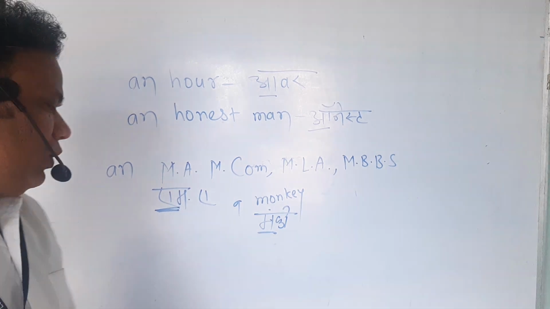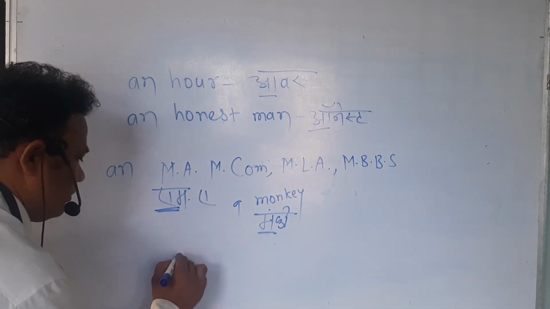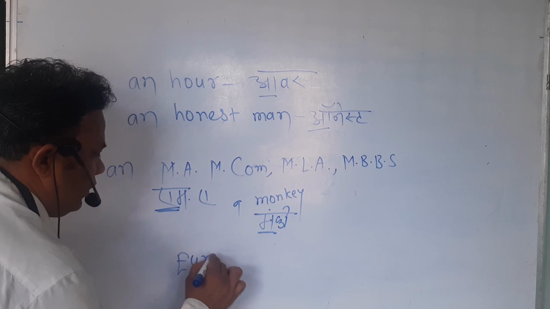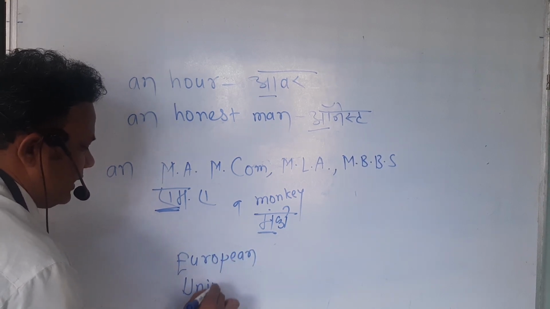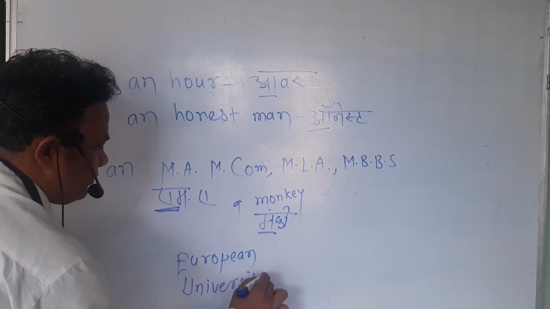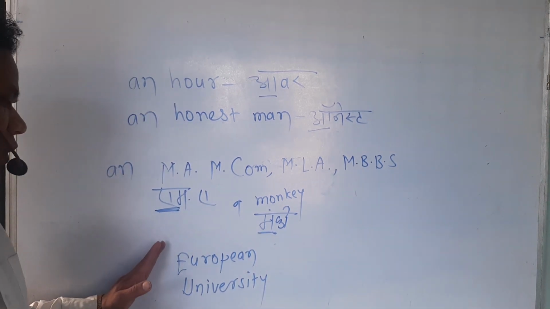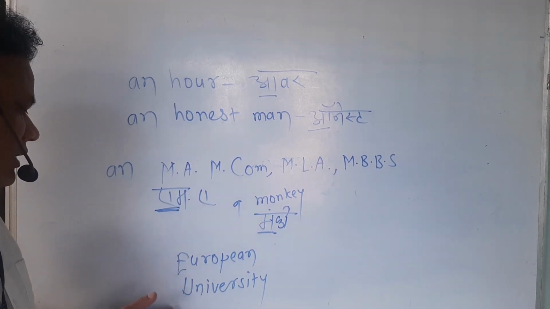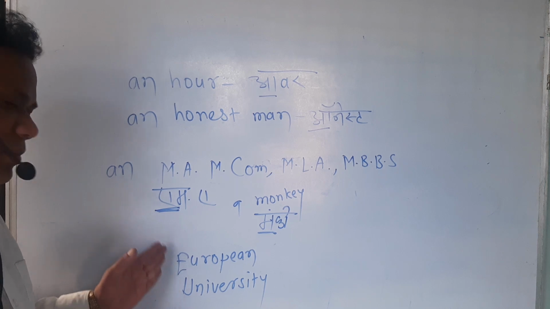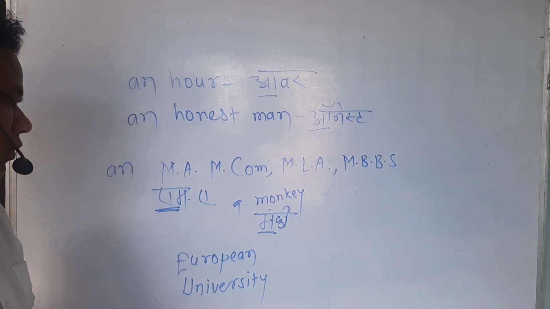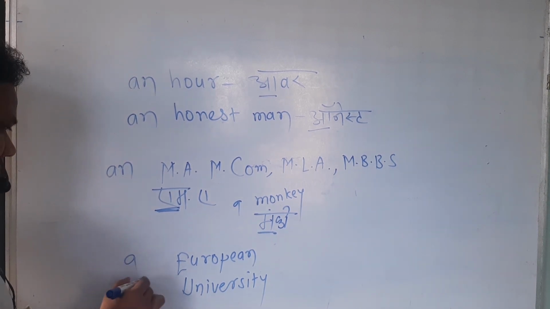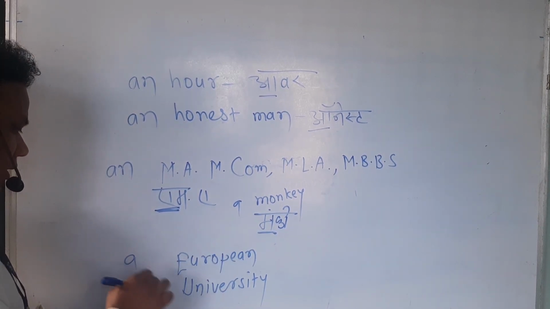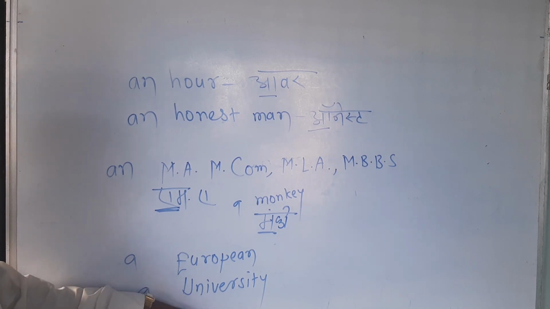Now see one more rule: European, university. Although both these words are beginning with vowels, here we have to use the article a before them. A European, a university.